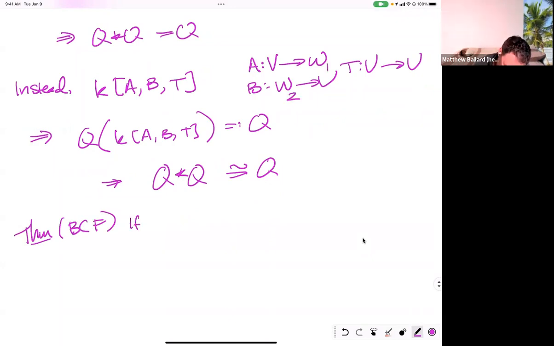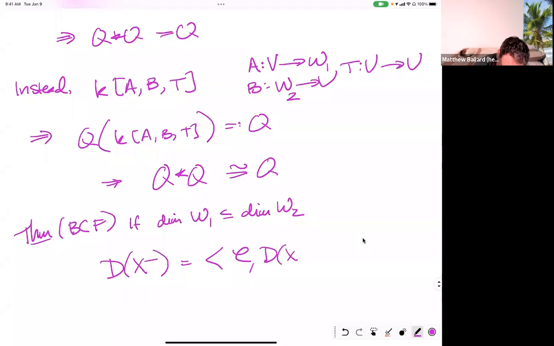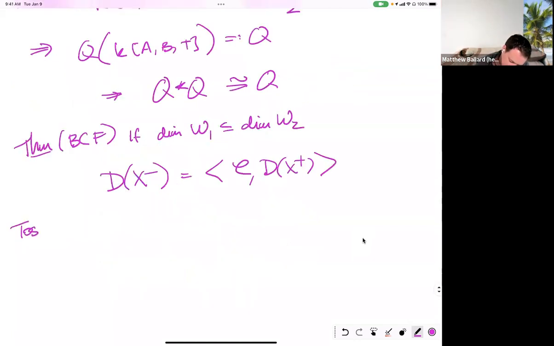So if dimension of W1 is less than dimension of W2, and I pass to the GIT quotients, then I have a semi-orthogonal decomposition like such, right? And I can toss in a superpotential.